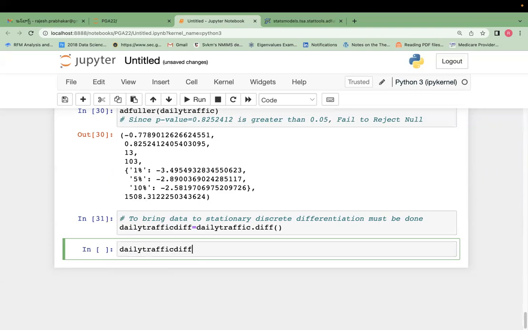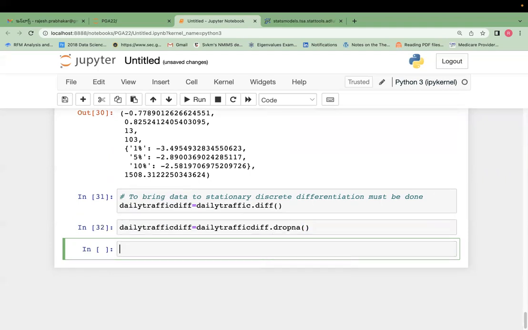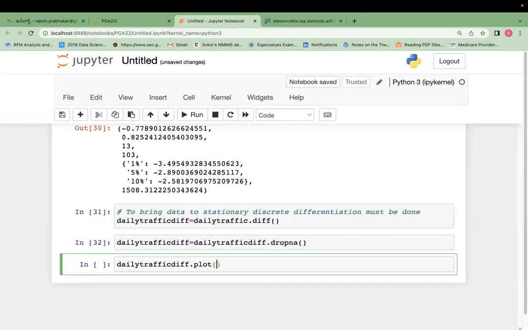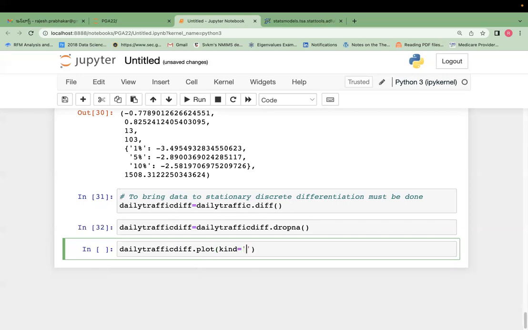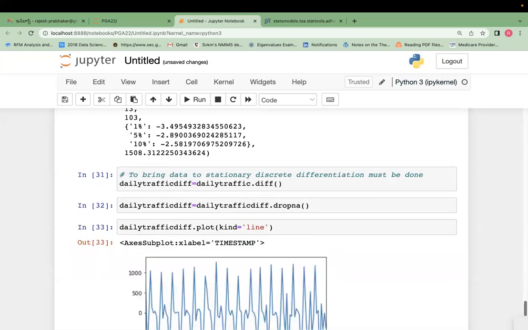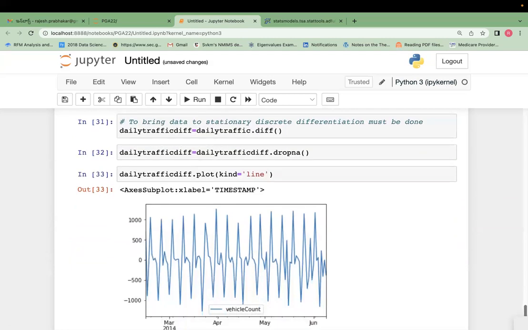Daily traffic diff is equal to daily traffic diff dot drop NA, because the first observation will be NA, we have to drop it. Daily traffic diff dot plot kind is equal to line. Now this is our difference data. It looks like stationary.